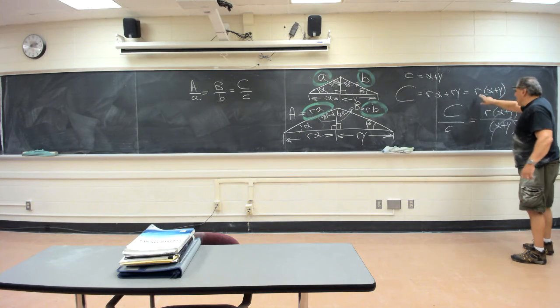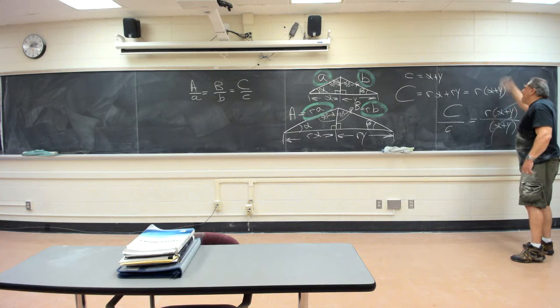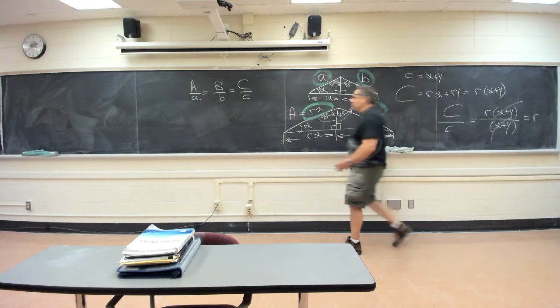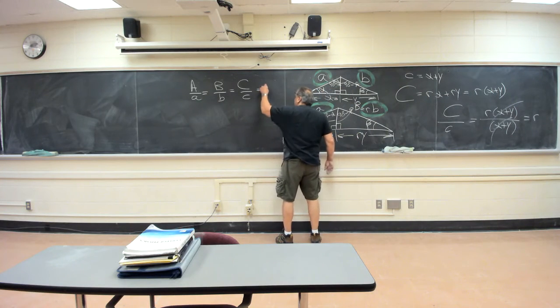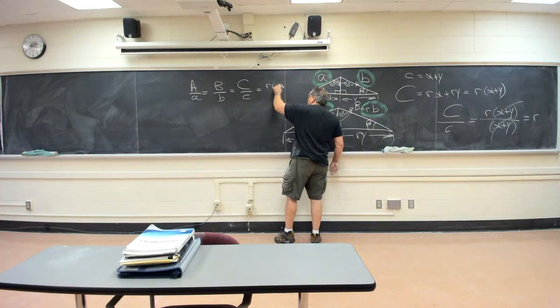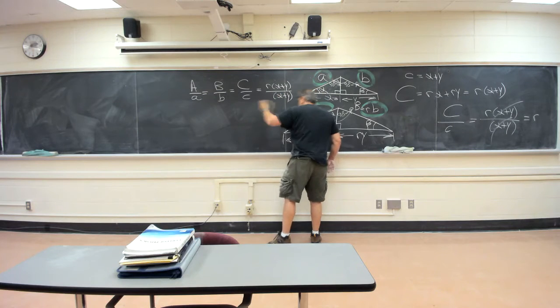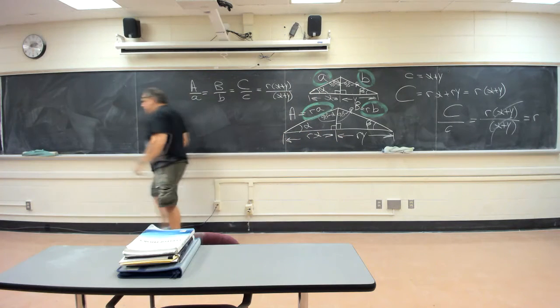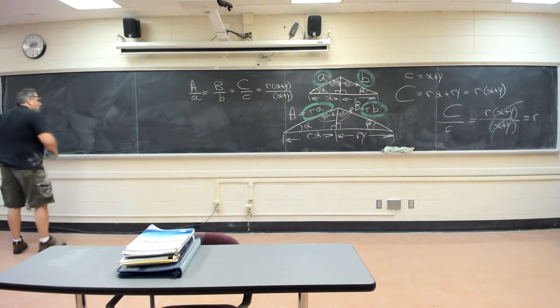It's R times the quantity x plus y over the quantity x plus y. Still an R. So you could have done it like that too.